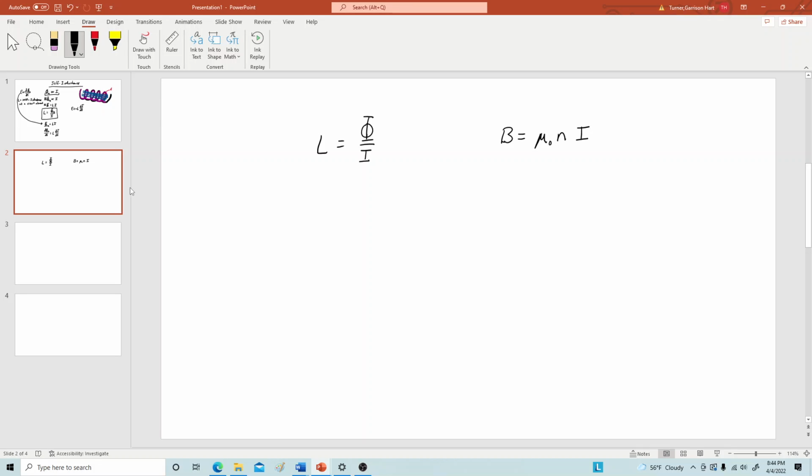So if I have a solenoid, and remember, lowercase n is equal to the number of turns, capital N, number of turns per unit length.